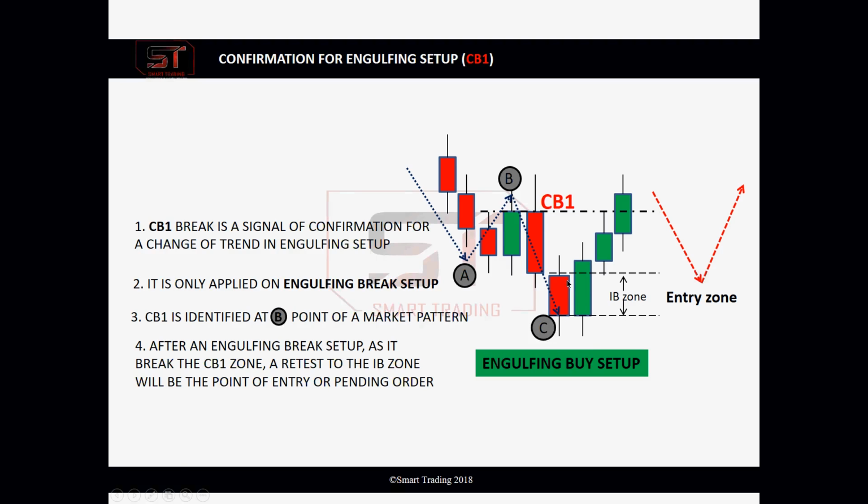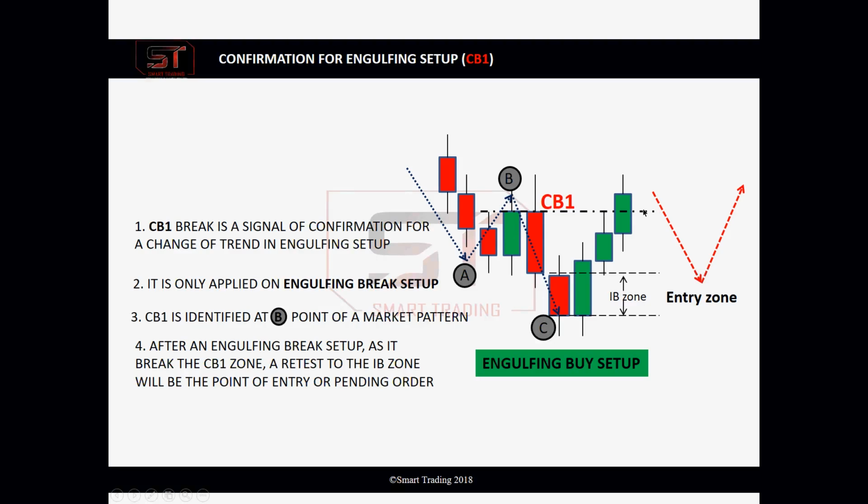All right, so what this diagram tells us is that there is a CB1 previously before that, which is usually the resistance level.